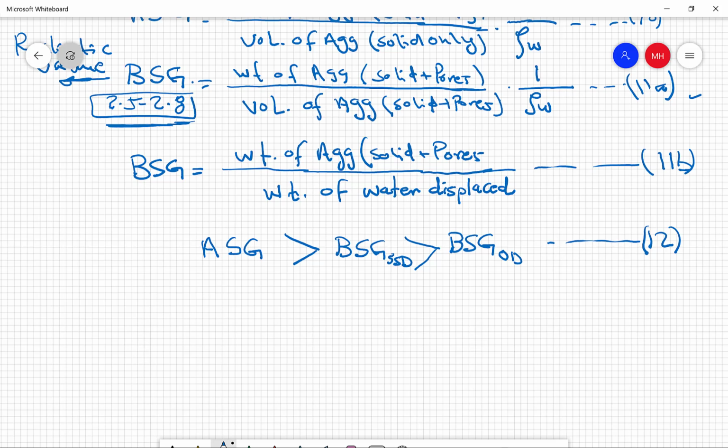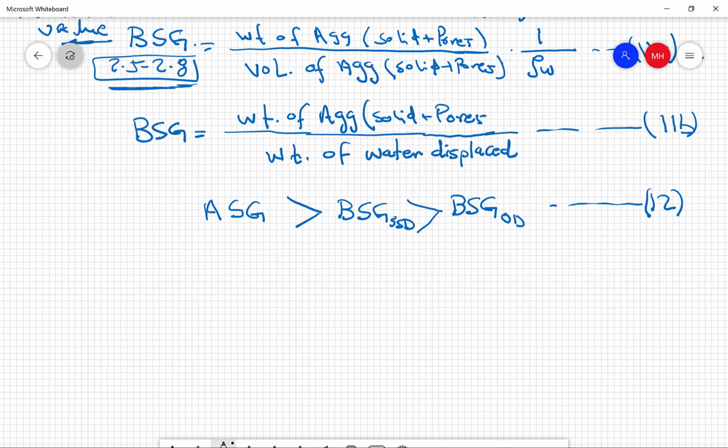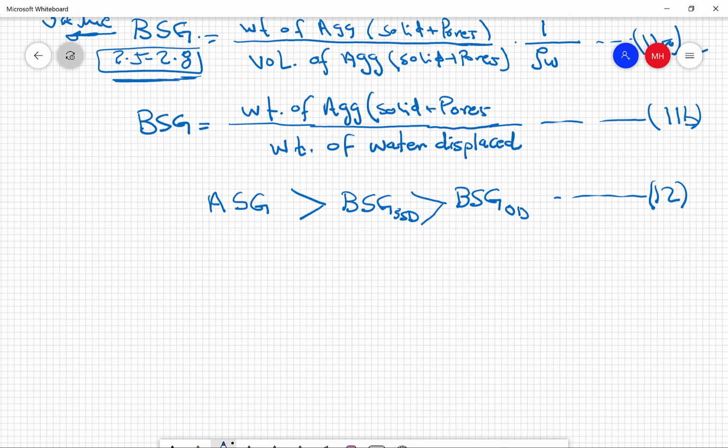So let us see how we determine the bulk specific gravity.